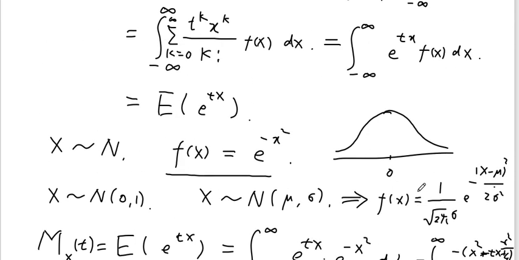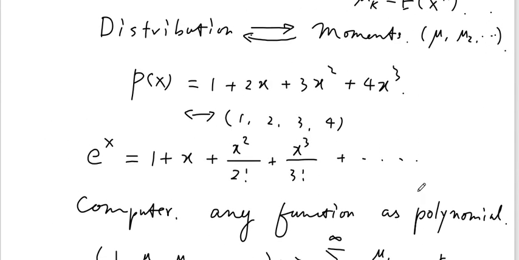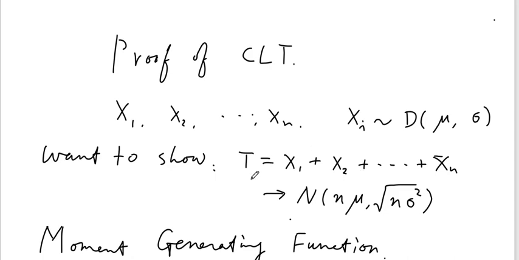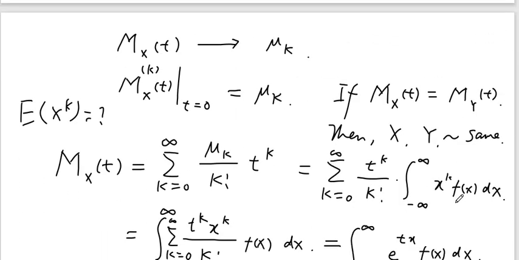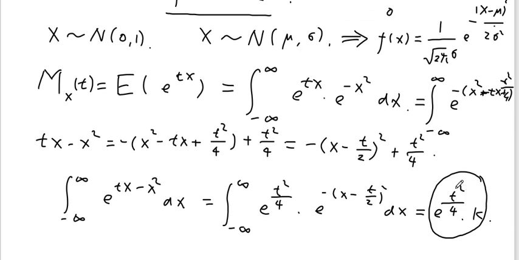So we know the moment generating function for the normal distribution. Then we want to prove that the moment generating function for T is close to that, like e^(t^2) over some coefficient.